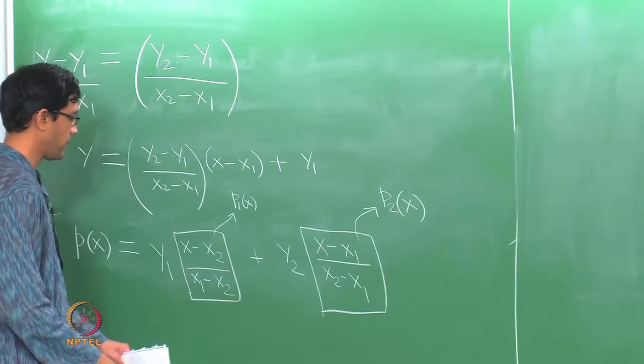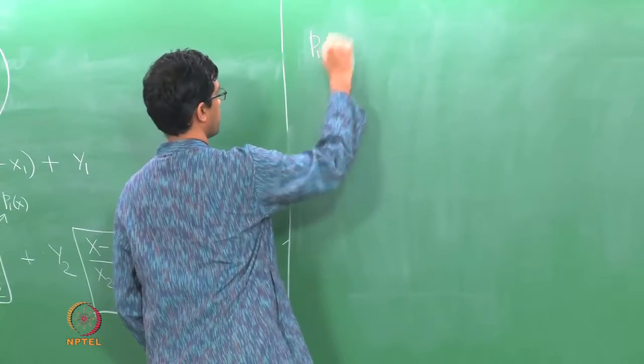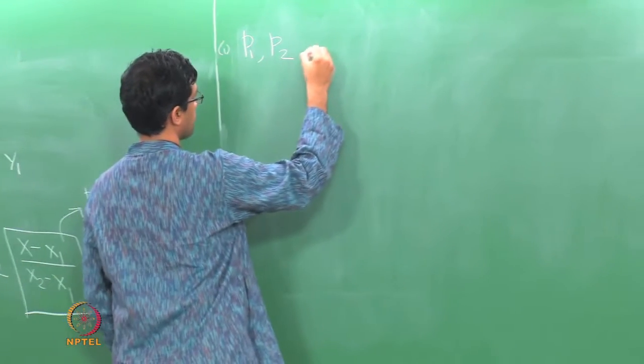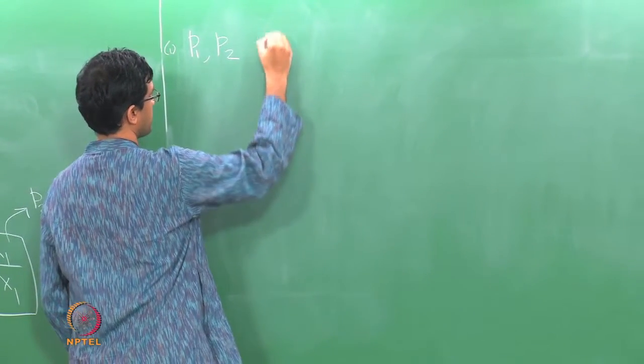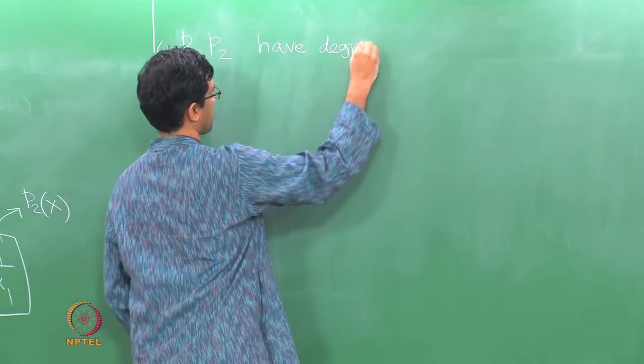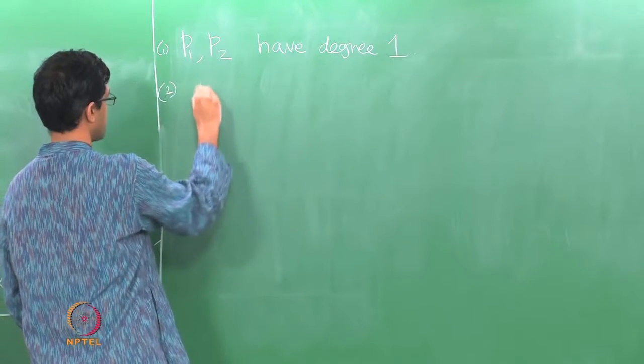So observe that p1 and p2 have the following properties. They are both of degree exactly 1, and they have the following interesting property.